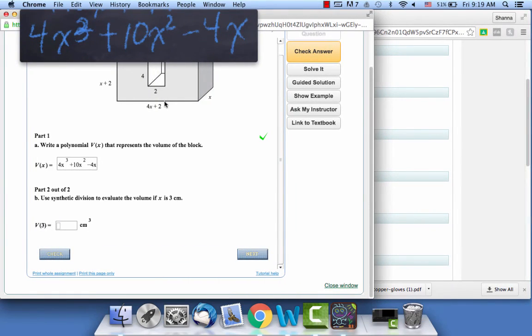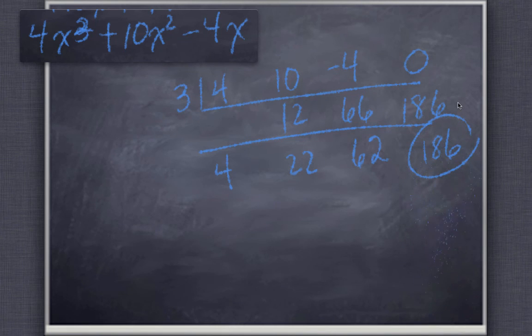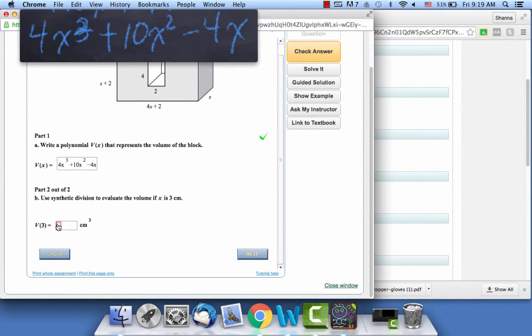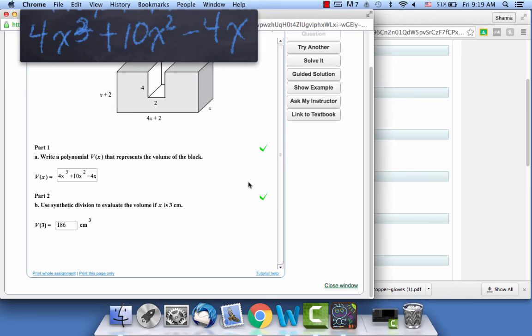Forgot what we were checking. 3. 4 times 3 is 12. 22 times 3 is 66. 62 times 3 is 186. And that's that.